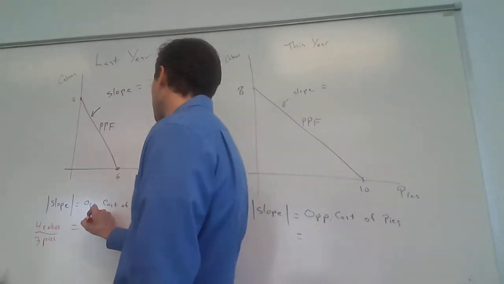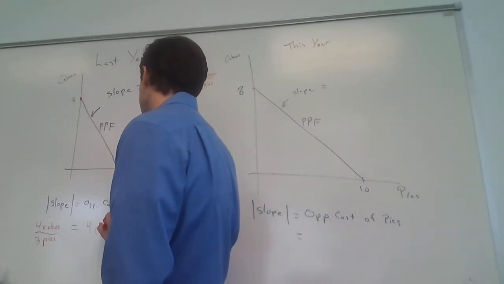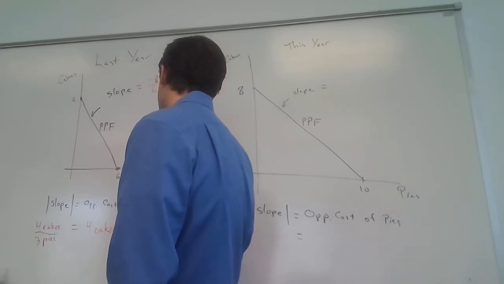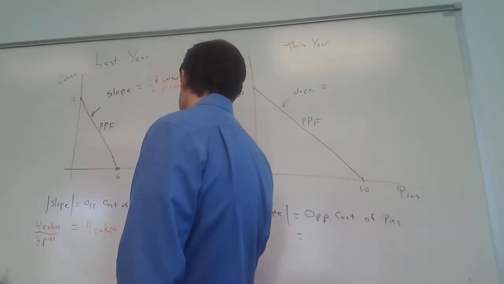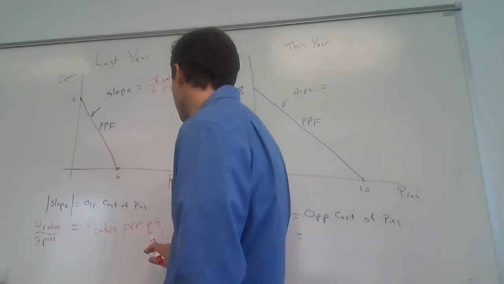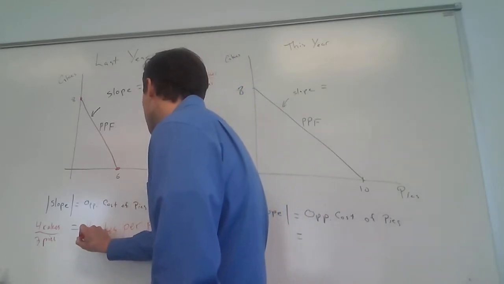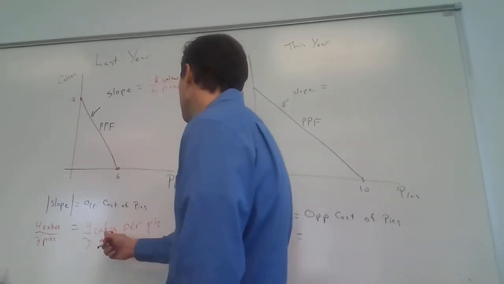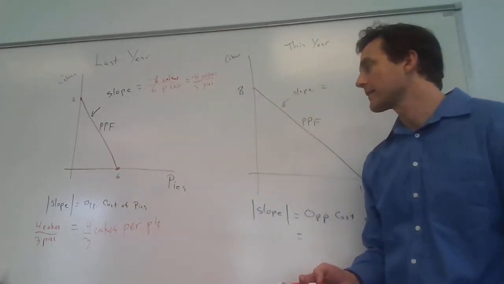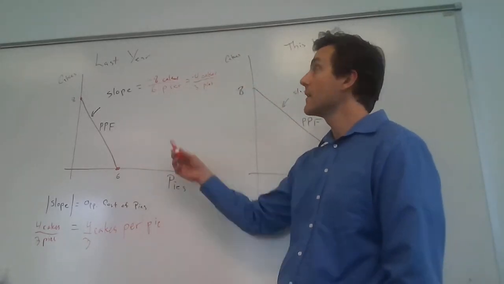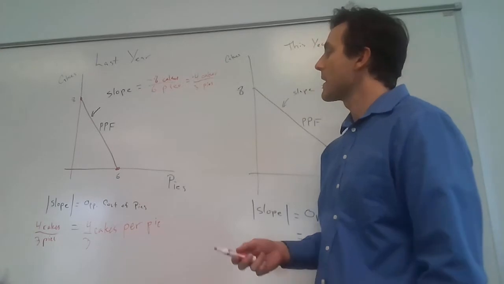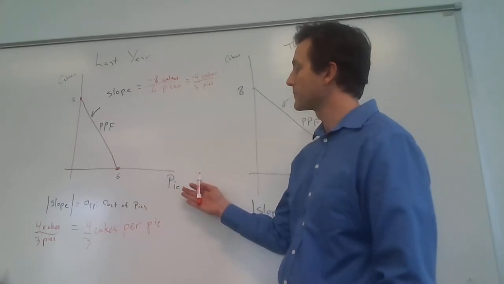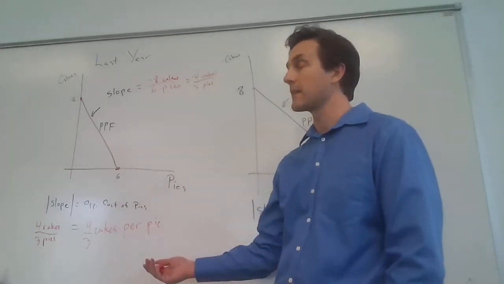So we can say that that's 4 cakes per 3 pies, or let's just say 4/3 of a cake, 4/3 cakes per pie. That's the opportunity cost of pies from last year. Every pie that he baked, it cost him 4/3 of a cake.